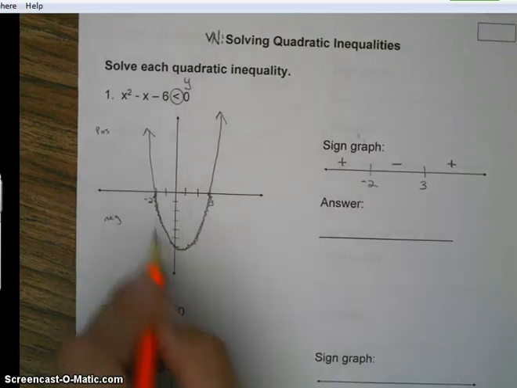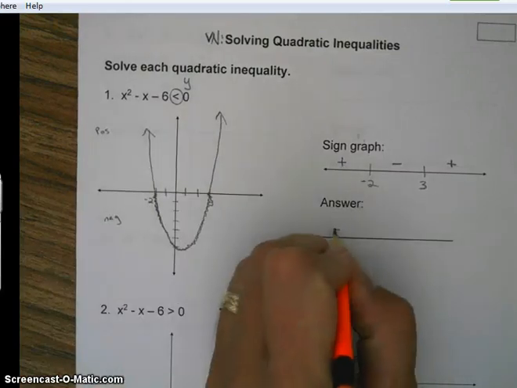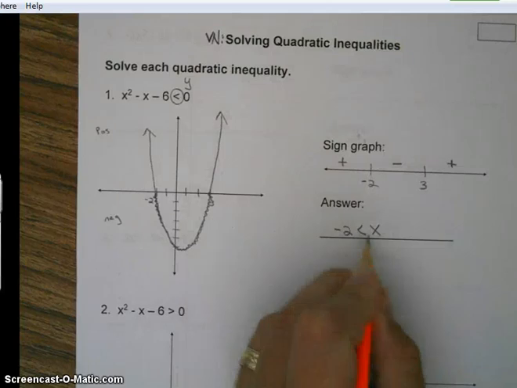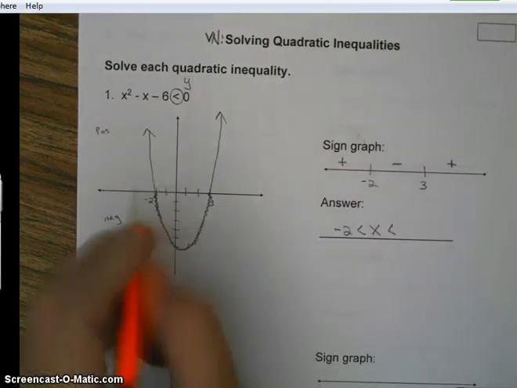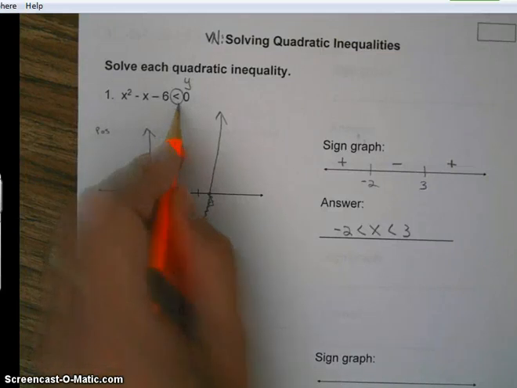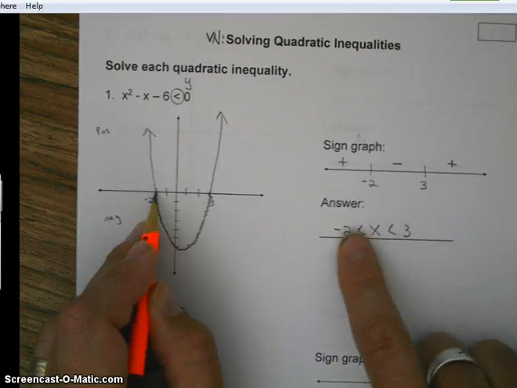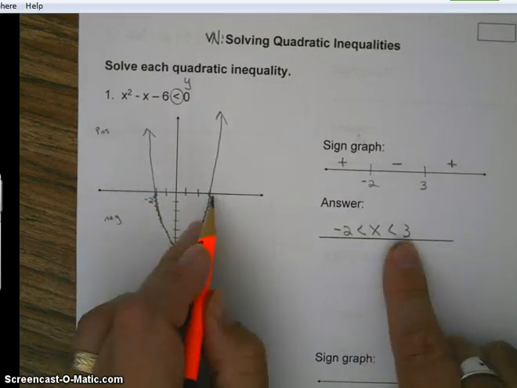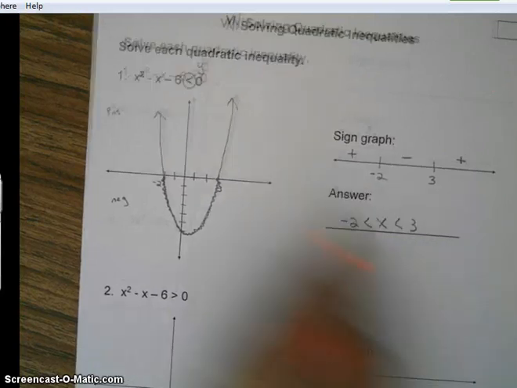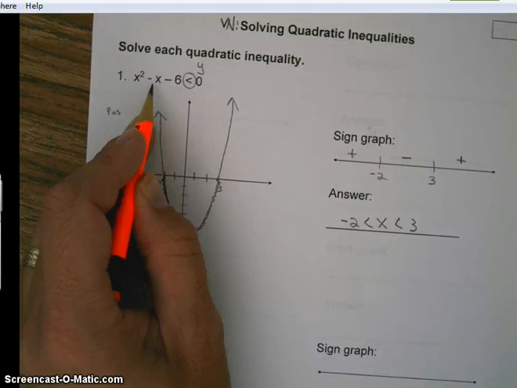So our answer is going to be the shaded region. We're going to go from negative 2 less than x, which is less than 3. Notice there's no equal sign. It's going from negative 2 to 3. So all values between negative 2 and 3 are solutions to this inequality.